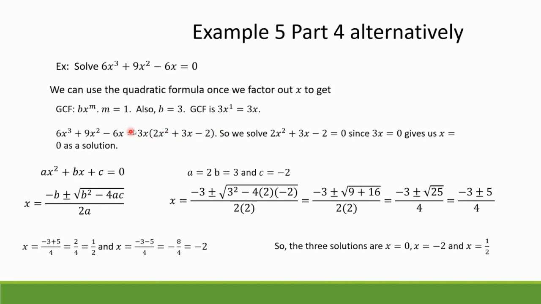In other words, from this big product here, as we saw in the previous slide, we get this has to be 0. From 3 times x equal to 0, we get x must be 0, just like before. So after factoring out 3x, we get a quadratic we can solve using the quadratic formula.